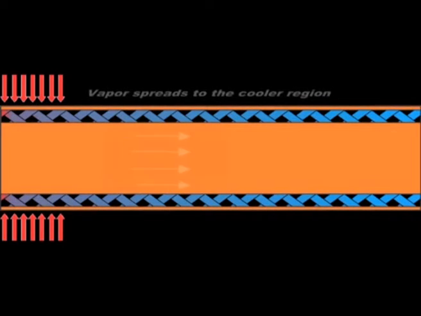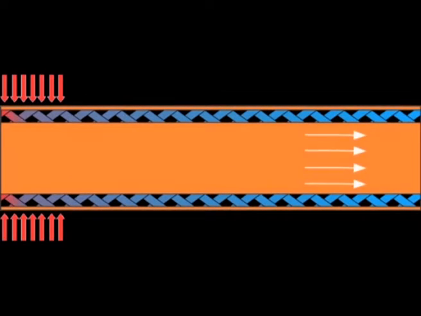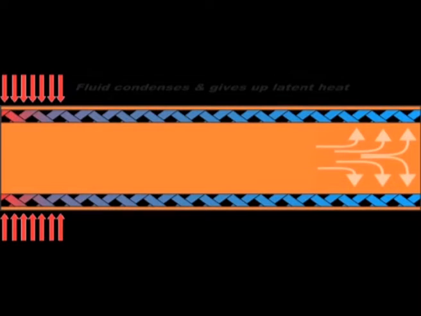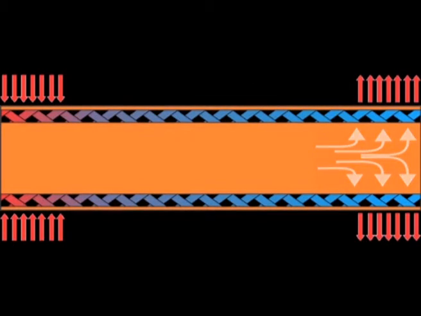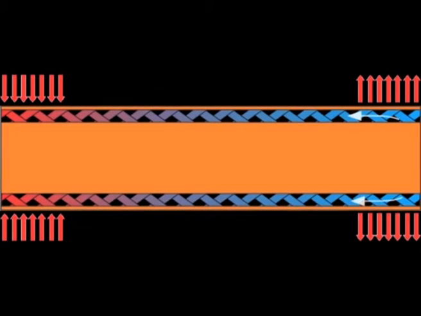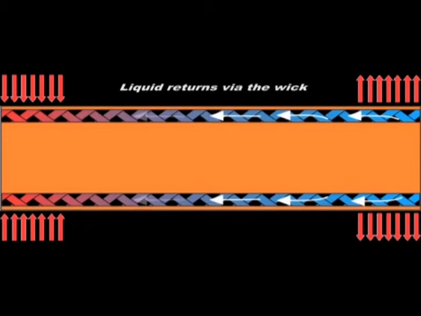The fluid vapor quickly spreads to the other end of the heat pipe using pressure generated by the temperature difference. At the opposite end, known as the condenser, the fluid gives up its latent heat, which is rejected to an external heat sink. The fluid then returns to liquid form, and the wick structure passively pumps the fluid back to the evaporator using capillary force.